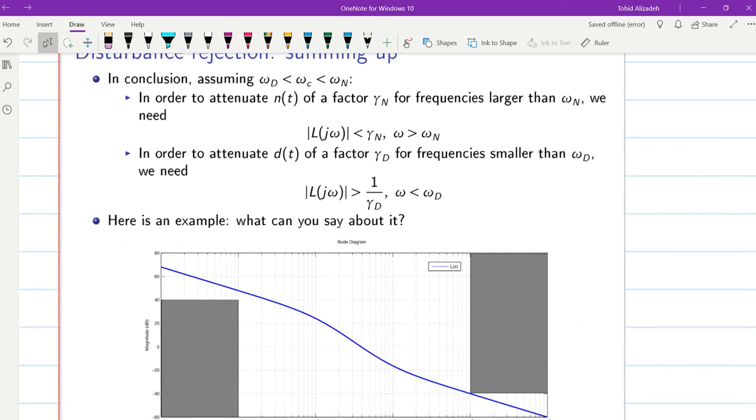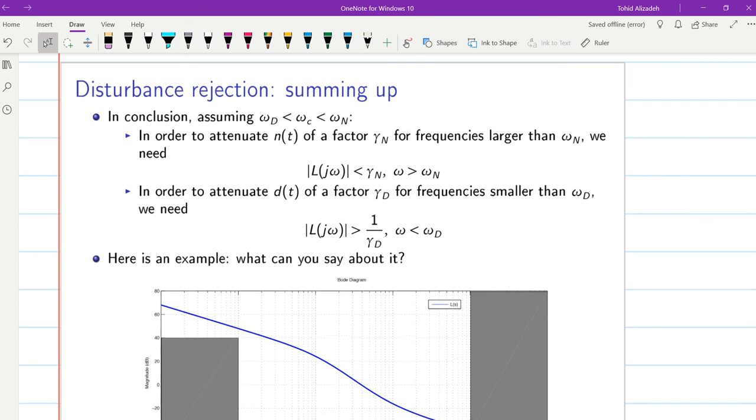Alright, so over here in this slide we have a kind of conclusion for the disturbance rejection and noise attenuation. If we assume that omega c, the crossover frequency, is between omega d and omega n, where omega d and omega n are the frequencies we have for the disturbance rejection and noise attenuation, then in order to attenuate n of t, the noise signal, by our factor gamma n for frequencies larger than omega n, we need to have the amplitude of L of j omega smaller than gamma n for that range of frequencies.